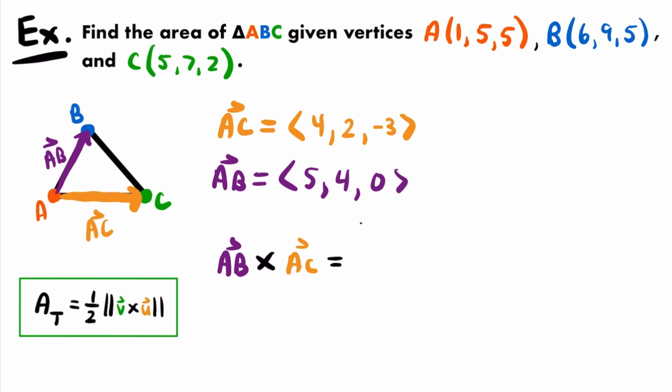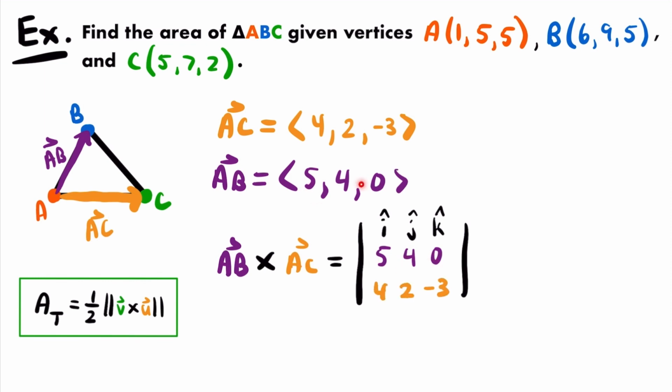All right, but anyway, let's calculate this cross product. We're going to have vector i, vector j, and vector k in the first row. Then we'll have the components of vector AB in the second row, and the components of vector AC in the third row. So we'll have 5, 4, 0, and then 4, 2, negative 3. Those are just the components of each of those vectors. Okay, and so let's calculate this cross product.